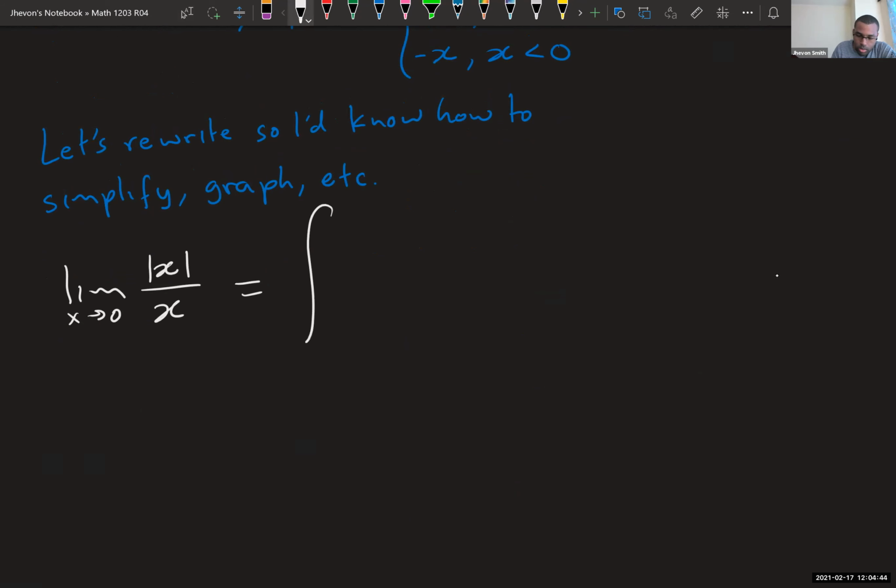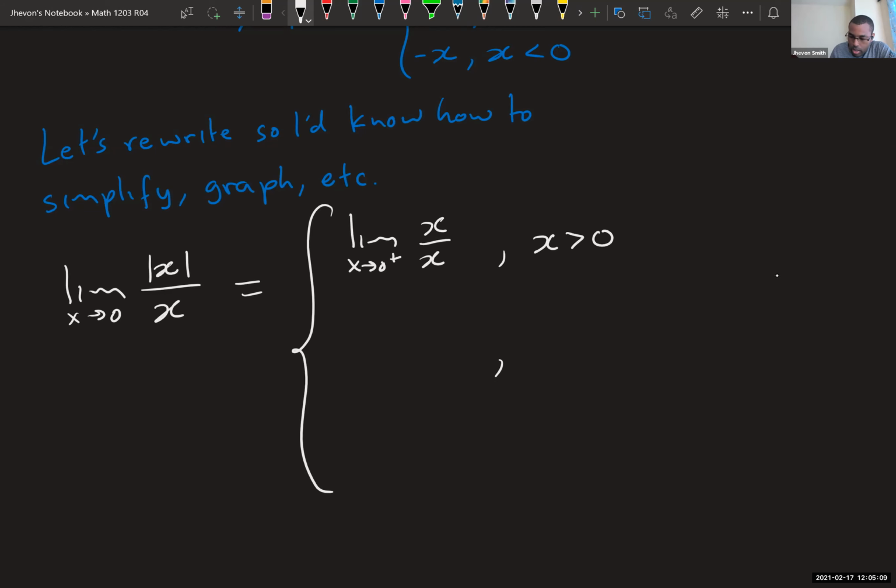is, well, there's several cases, right? Now, if my x happens to be positive, which means I'm looking at the limit as x approaches 0 from the right side, then my absolute value of x is just x, right? So that's if my x is a positive number.